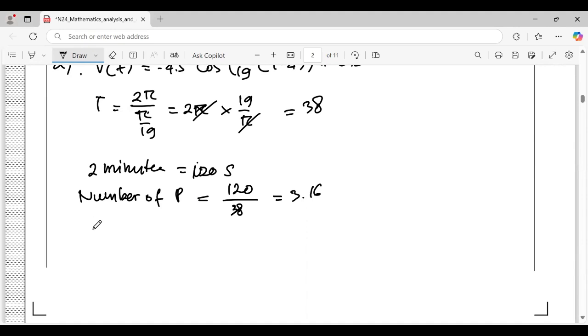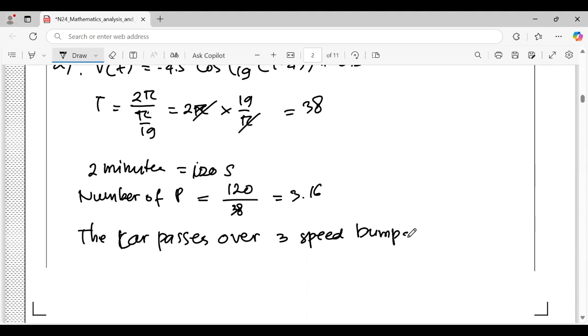So it means the car passes over 3 speed bumps in the first 2 minutes or 120 seconds of motion.